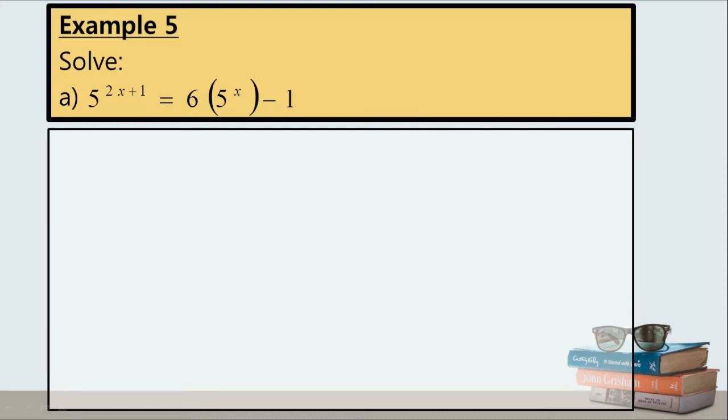Okay, for example 5, solve A: 5 to the power of 2x plus 1 equal to 6 to the power of 5x minus 1. Okay, for this example, the left hand side only one term, base 5, and the right hand side we have two terms. Ada juga 5, base 5, tapi dia ada operation minus.